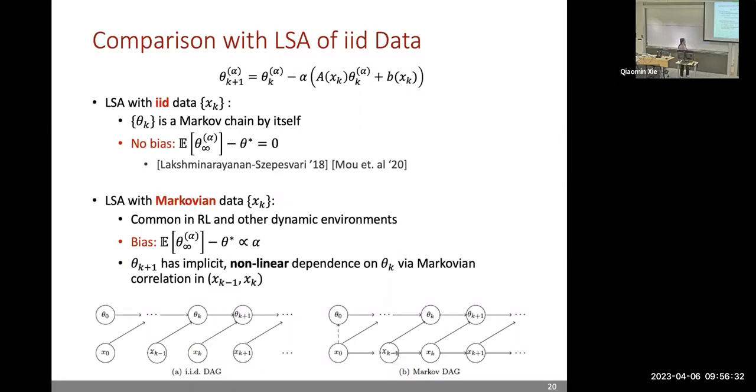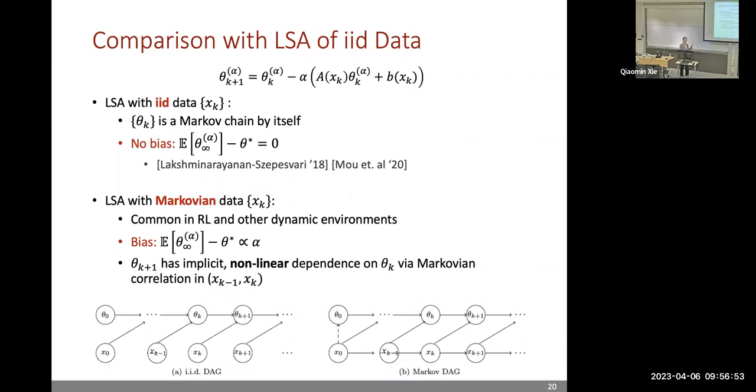In particular, if we use i.i.d. data, then because the X k sequence is i.i.d., theta k itself just forms a Markov chain. You can just analyze the theta k sequence itself, and it turns out even if you use a constant step size, there is no bias at all.